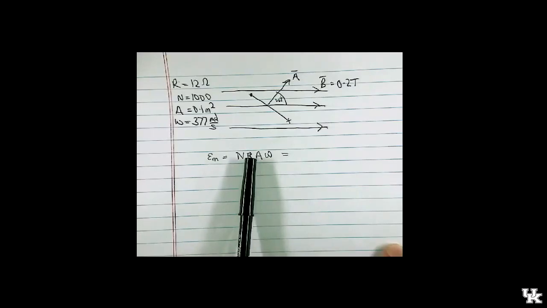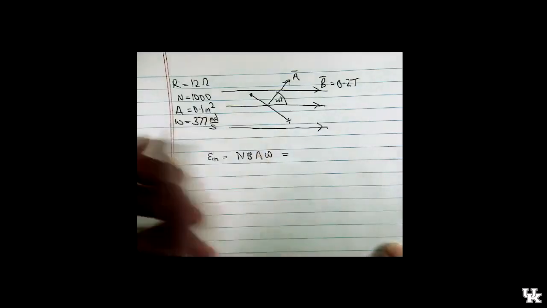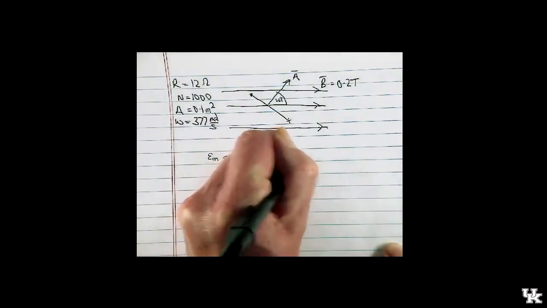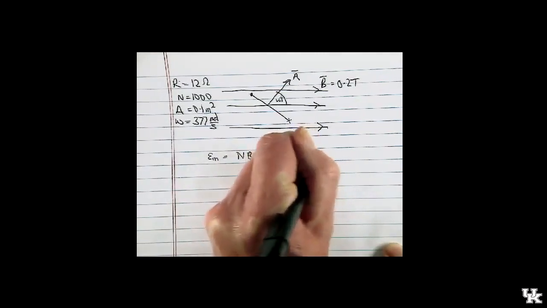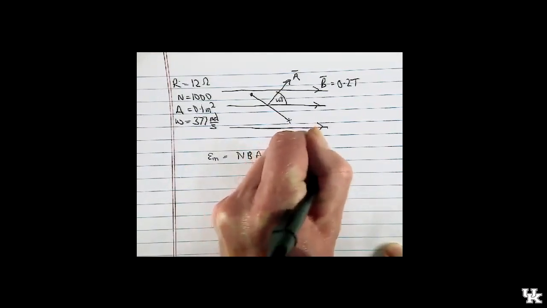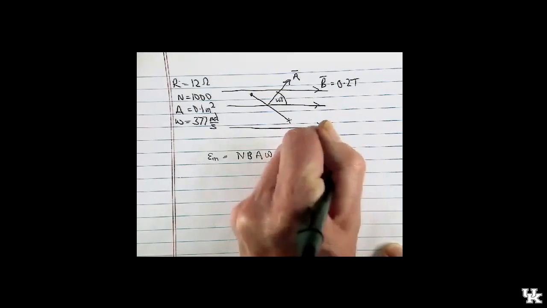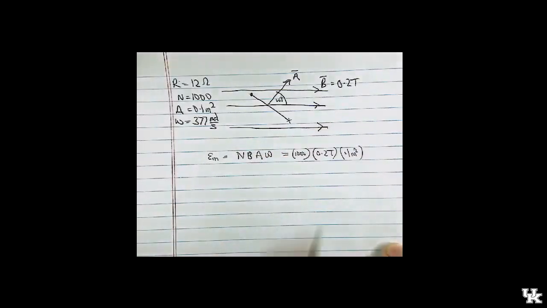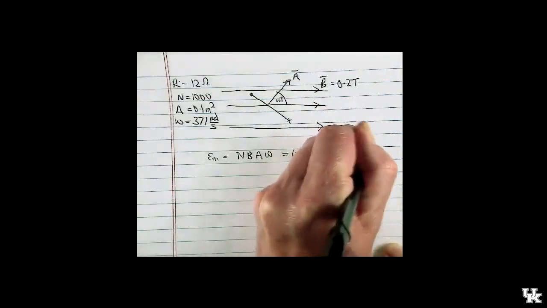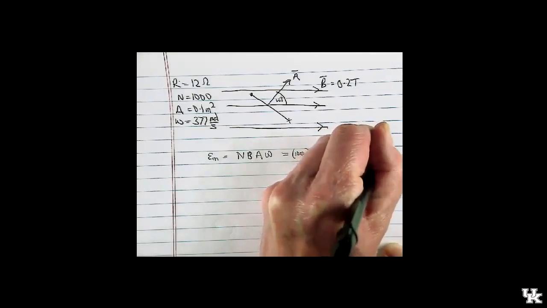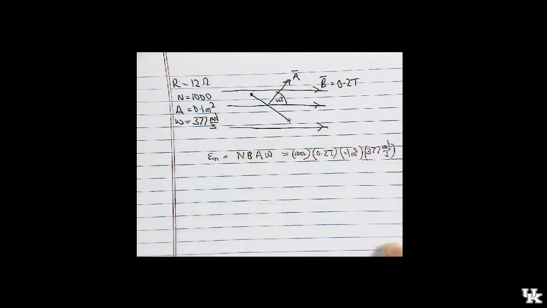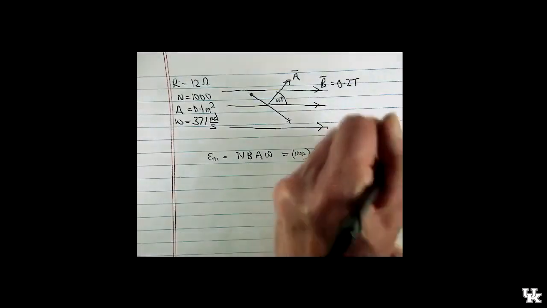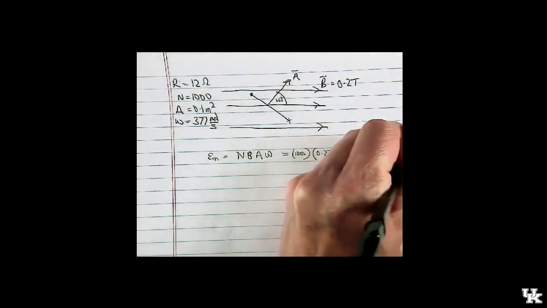If I plug in all of those numbers: 1,000 for the number of turns, 0.2 Teslas for the magnetic field, 0.1 meters squared for the area of the loop, and finally 377 radians per second for the angular velocity, I got 7,500 volts.